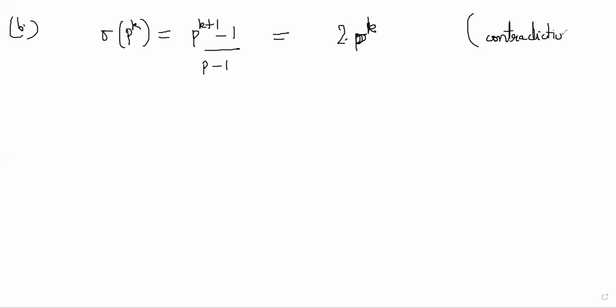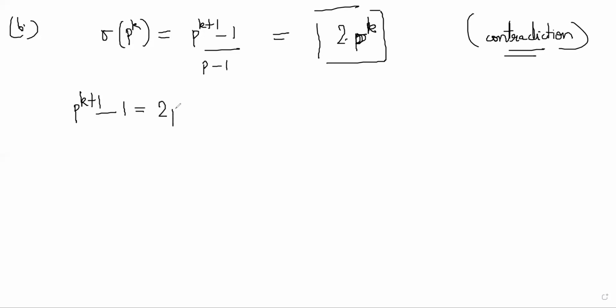We are looking for a contradiction because we have assumed that it is a perfect number. So P power K plus 1 minus 1 is equal to 2 into P power K plus 1 minus 2 into P power K. Simplifying it a little bit, 2 P power K minus 1 is equal to P power K plus 1, bringing this to that side and this to this side.